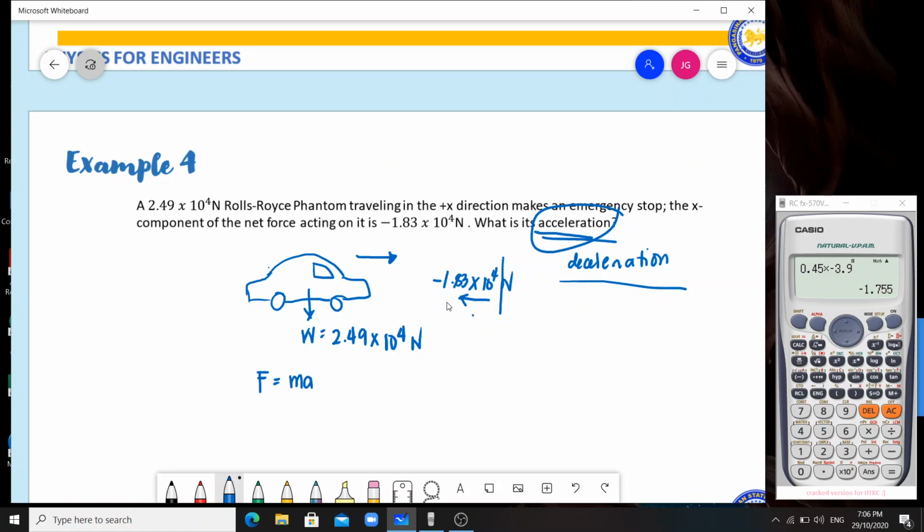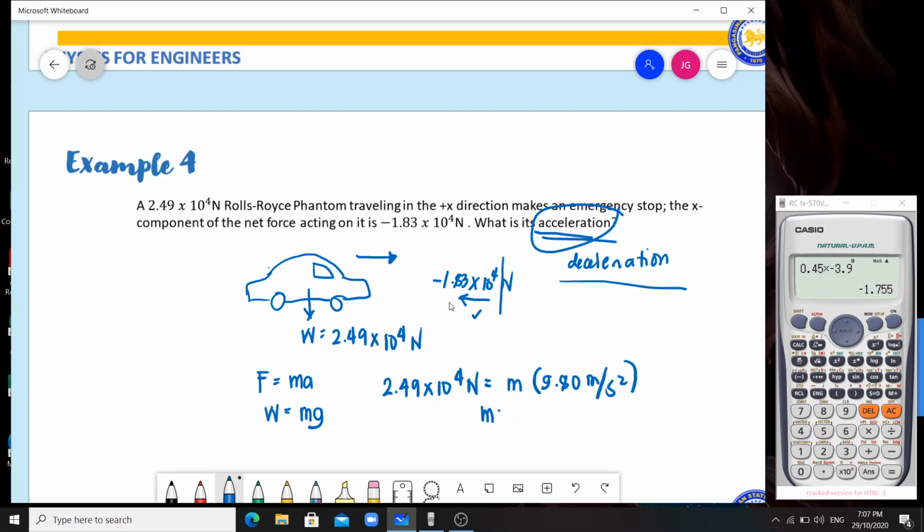Ito 'yon. However, we have a given of weight, mg. Okay? Weight is a pull of gravity, so g. Now, alam natin si weight na 2.49 times 10 raised to 4 Newton. G, alam natin, nasa Earth siya, 9.8 meter per second squared.